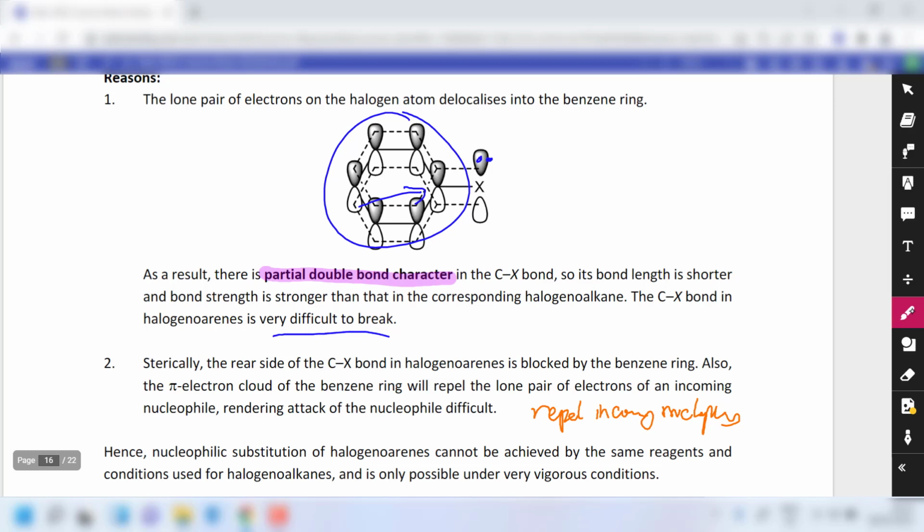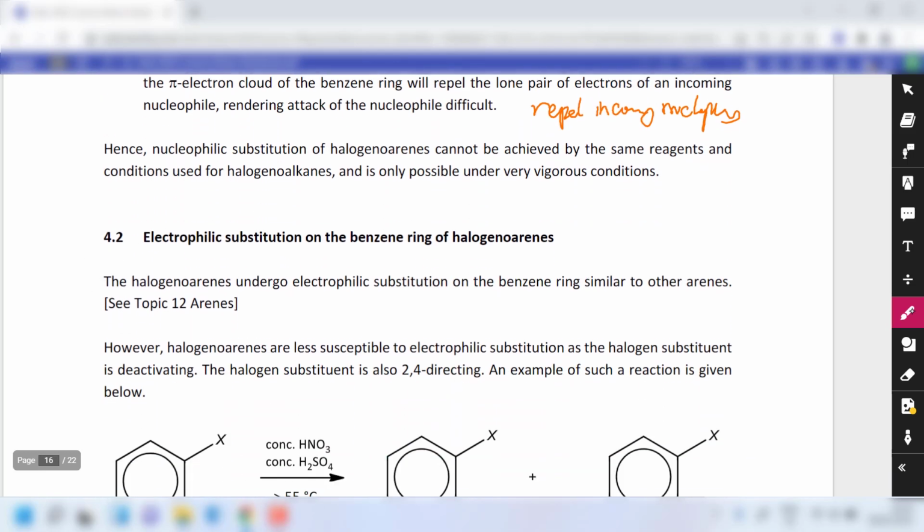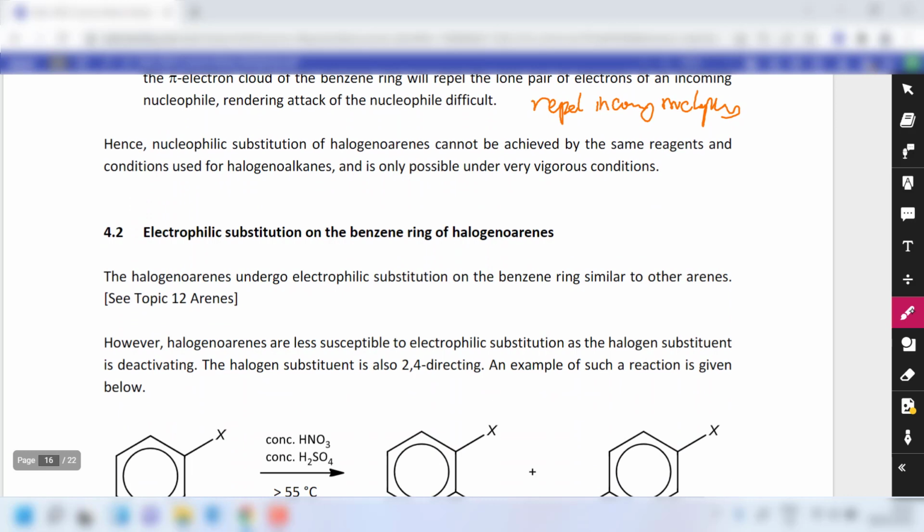The pi electron cloud in the benzene ring, because if you look at chlorine, bromine, and iodine, the lone pairs of electrons tend to reside at the 3p, 4p, and 5p orbitals, which are much bigger in size as compared to the 2p orbital of the carbon in the benzene ring. That makes it difficult for the electrons to delocalize all the way into the benzene ring, and they perhaps just form a partial overlap with the carbon directly bonded to it.